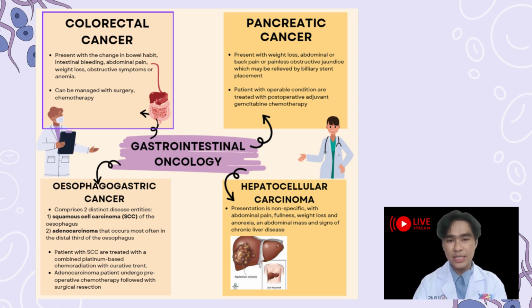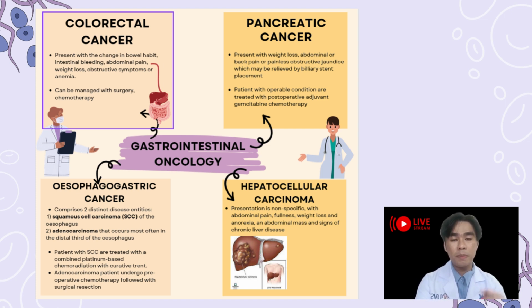What are the symptoms of colorectal cancer? It presents with change of bowel habit, intestinal bleeding, abdominal pain, weight loss, obstructive symptoms, and also anemia. We treat colorectal cancer by using surgery or chemotherapy.